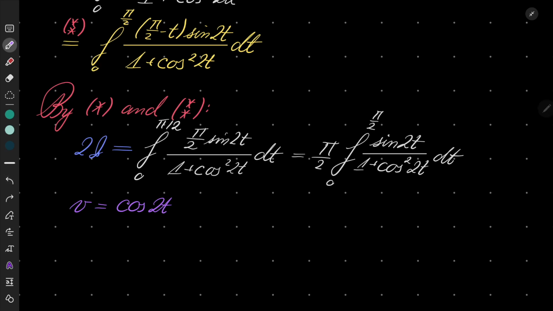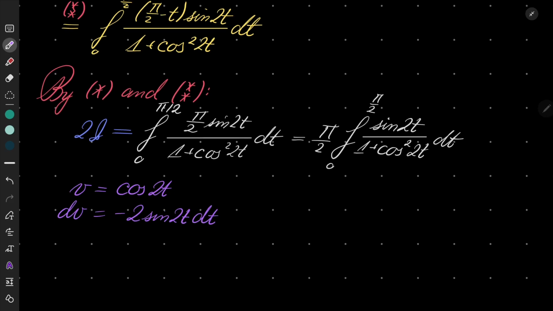So it's perfectly legal. dv becomes minus 2 sine of 2t dt, which means that sine of 2t dt is just minus 1/2 dv.